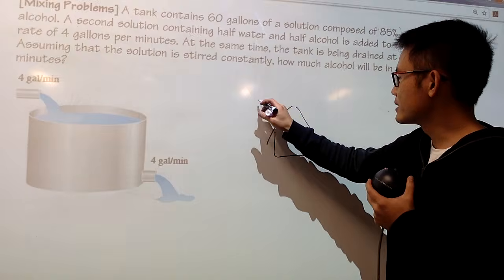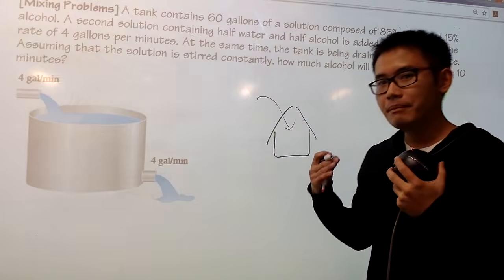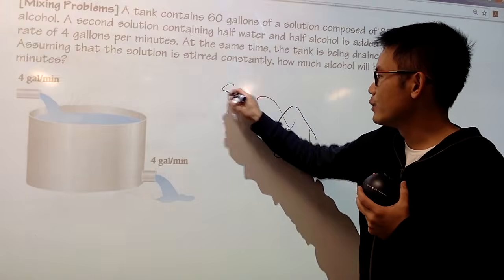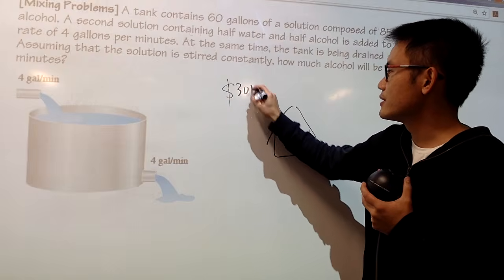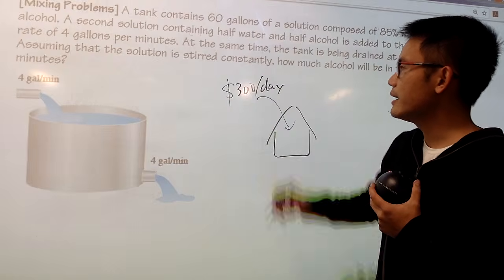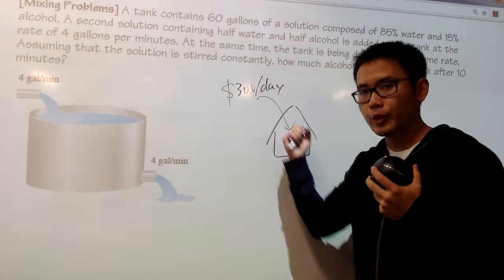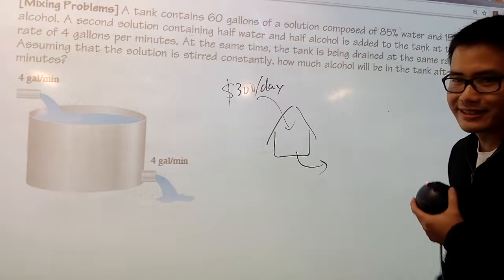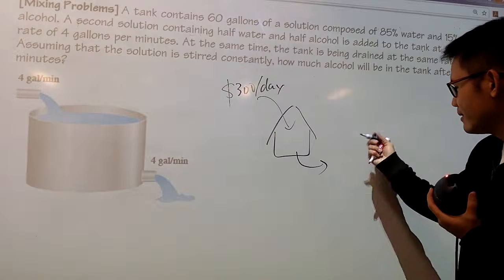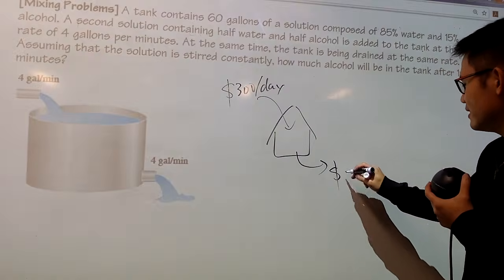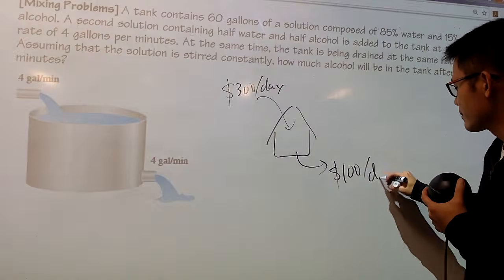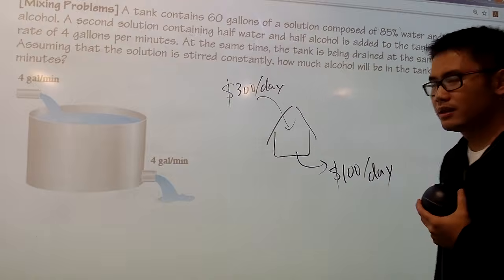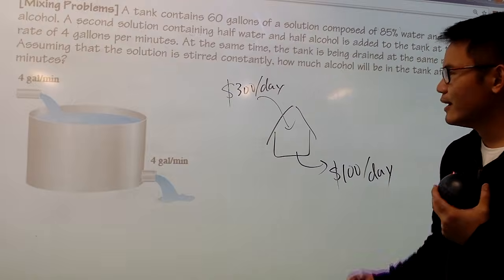Anyway, suppose we have a daily income of $300 per day, right? So that's the amount of money going in. In the meantime, we also have the expense. Let's say the daily spend is $100 per day, just to keep the numbers nice.